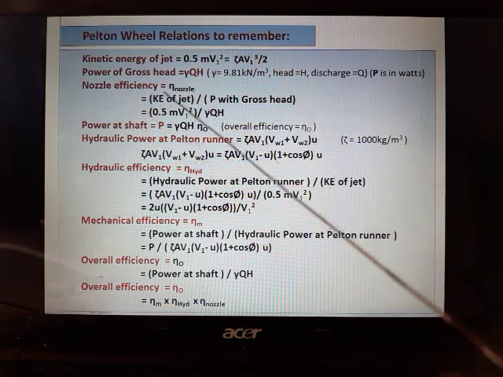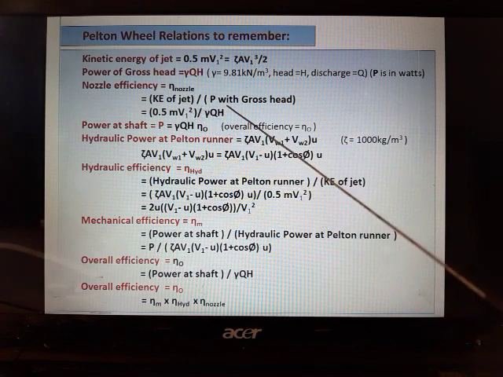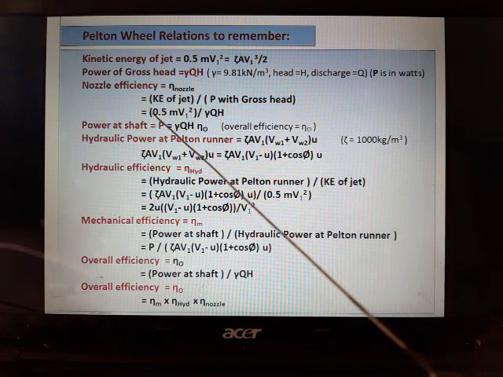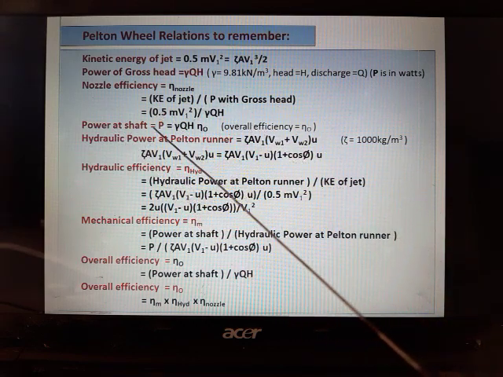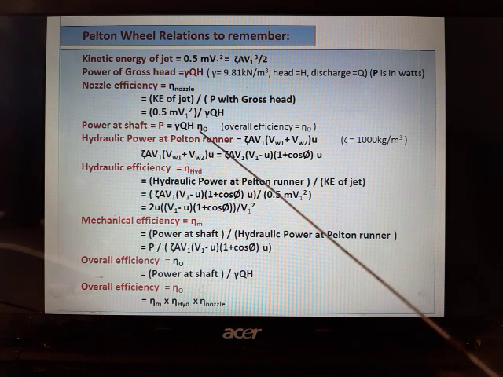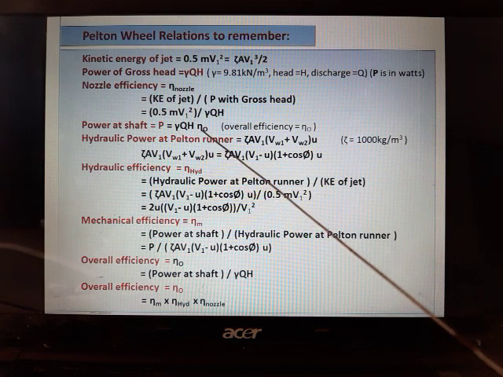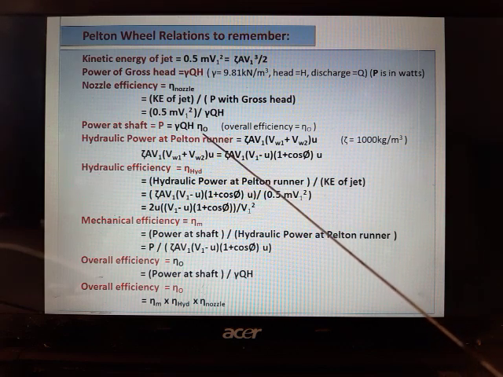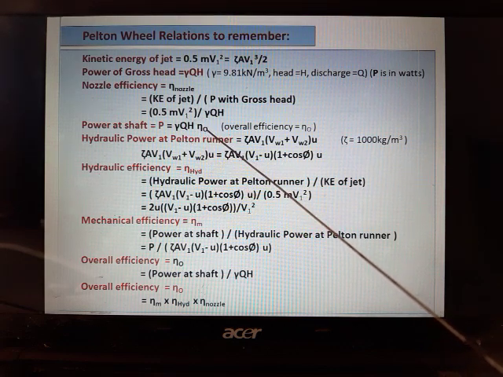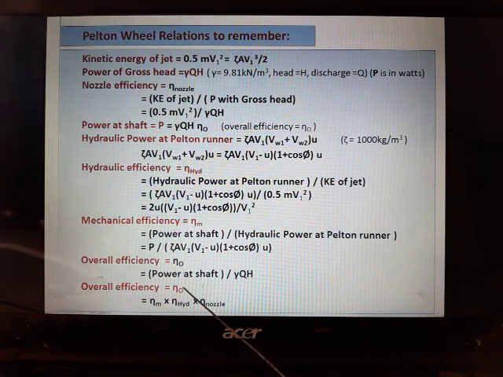Nozzle efficiency is given by kinetic energy of the jet divided by power with gross head. The expression is there. Power at the shaft P is given, from the earlier relation, as gamma QH into the overall efficiency.